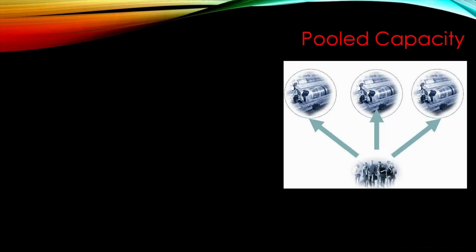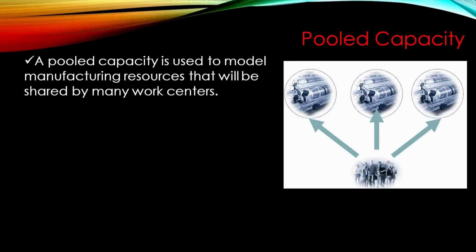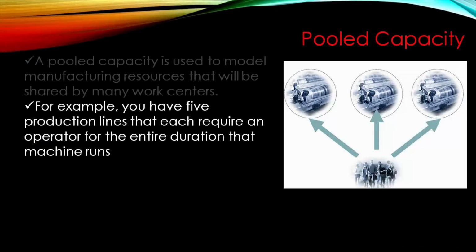So let's see some theory about this one. A pooled capacity is used to model manufacturing resources that will be shared by many work centers. That means a pooled capacity that we can create can be used by more than one work center. For example, you have 5 production lines that each require an operator for the entire duration that the machine runs.